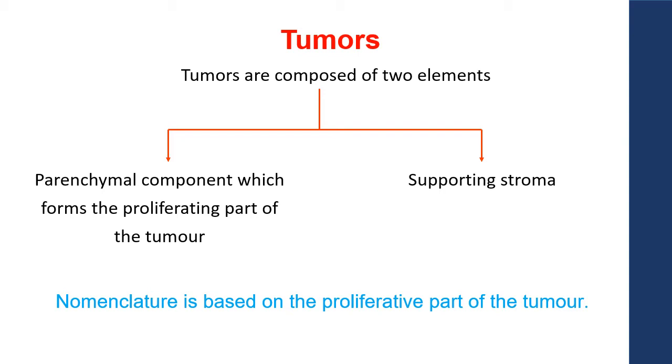So the cells which proliferate are the parenchymal cells, while the supporting stroma serves the proliferating parenchymal tumor by supplying blood supply, nutrition, etc. The nomenclature is based on the proliferative, parenchymal part of the tumor.